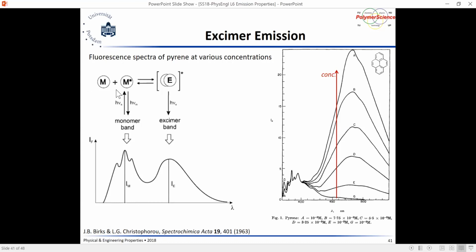But when you have a dimer and you excite the monomer unit of the dimer, then you form an excimer. So now you have the excited dimer, where one of them is excited and the other monomer is not excited, and you get the emission to be different. It is shifted, and also the vibronic levels are no longer that apparent.